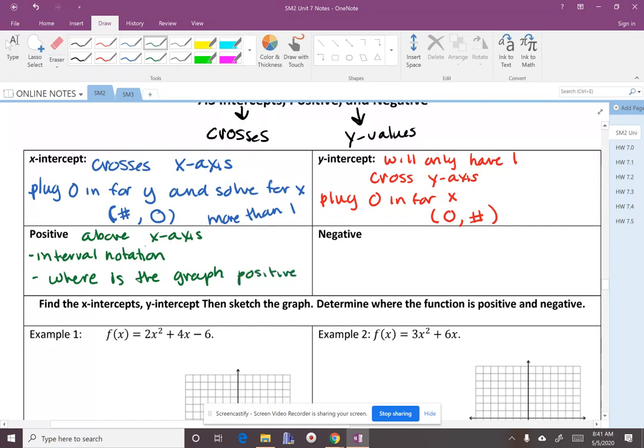And then we've got negative. That's the opposite. It's below your x-axis. Same thing, you use interval notation. This wants to know for what x's give me negative y's.